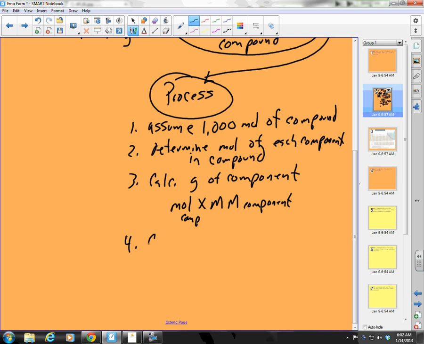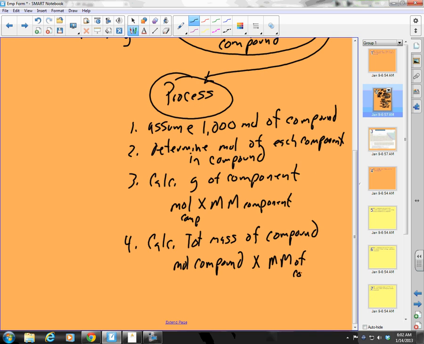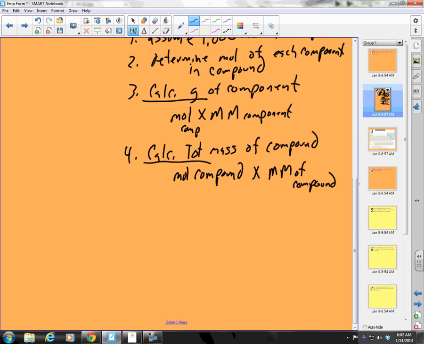I'm going to calculate total mass of compound. How? I'm going to take the moles of compound, which is 1, times the molar mass of compound. Good. So here I have the mass of my compound. I have my total mass. What do I have to do to get a percentage?